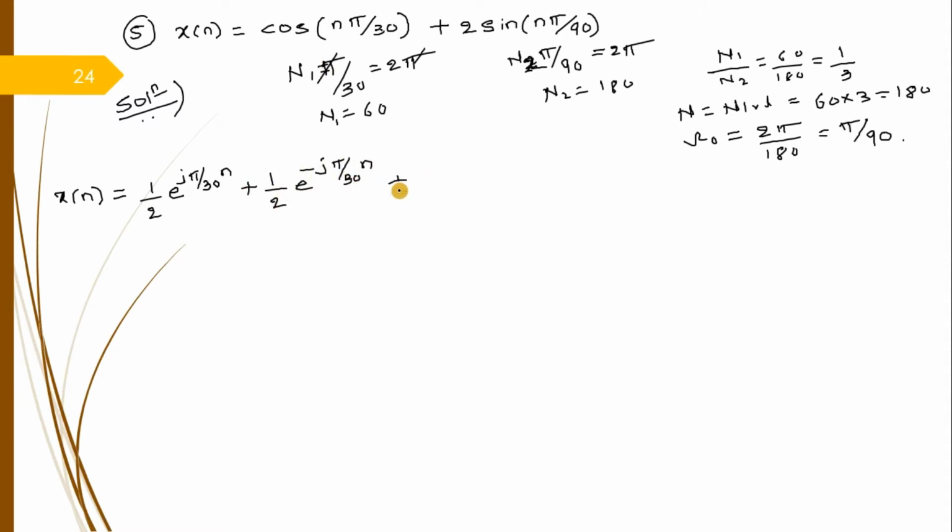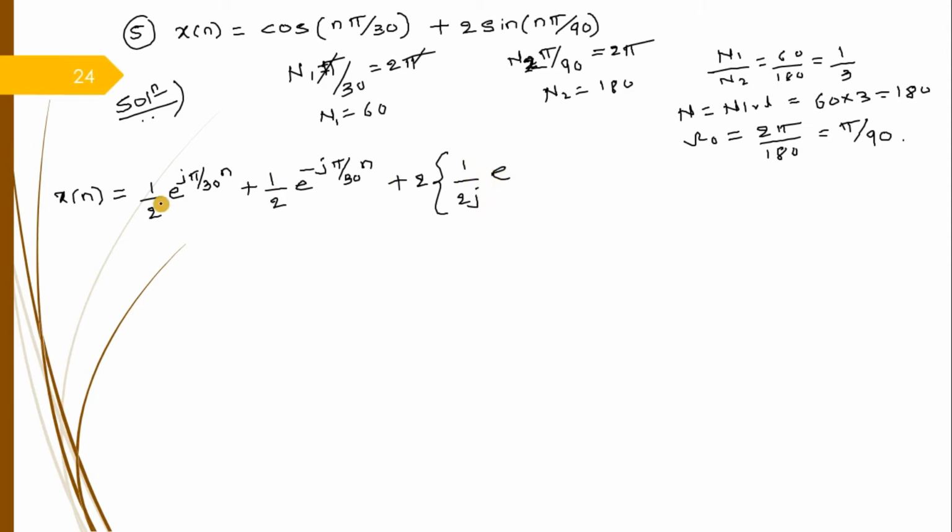Plus, when you have sine, I'll take it here. Sine means you should write it as 1 by 2j, as in the case of the previous slide. Sine theta is equal to e raised to j theta minus e raised to minus j theta divided by 2j. Hence I am taking it as 1 by 2j.